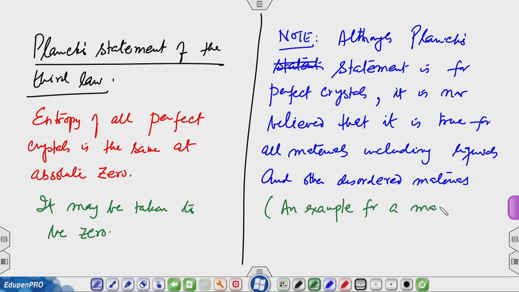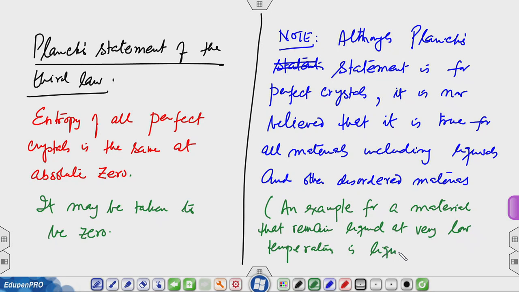A material that remains liquid at very low temperatures is liquid helium. So, even for that, one would say that the entropy goes to 0 or becomes very small as temperature is taken to very, very low values.